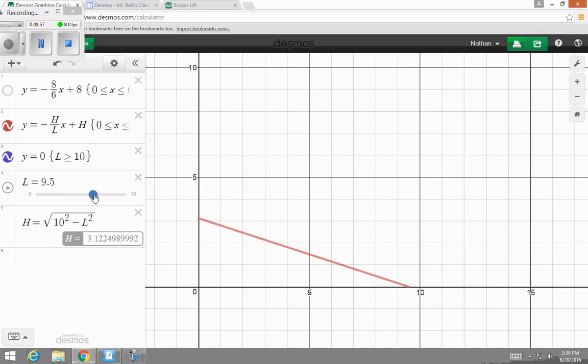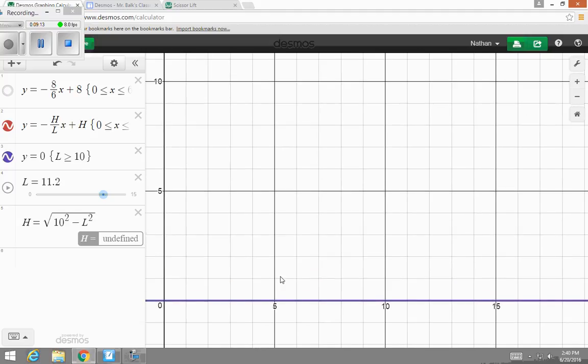Once L becomes 10, it's on the ground, and I'm activating the ladder being on the ground, sliding on the ground. But if you notice, the purple line is supposed to act like the ladder, and only the ladder, but it's highlighted the entire region of the ground. It's the entire y equals 0.